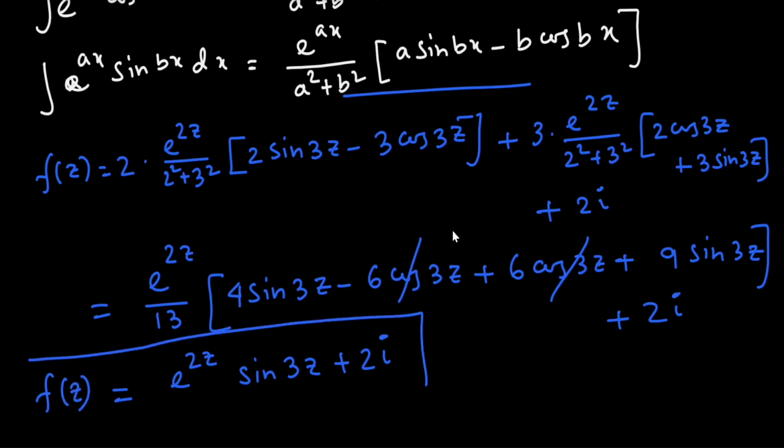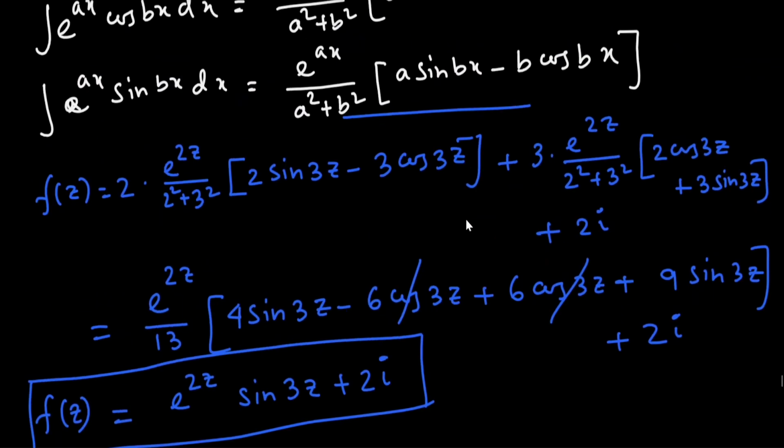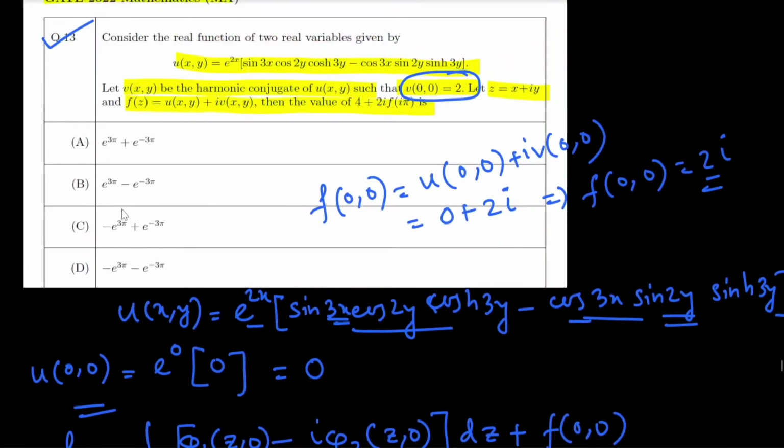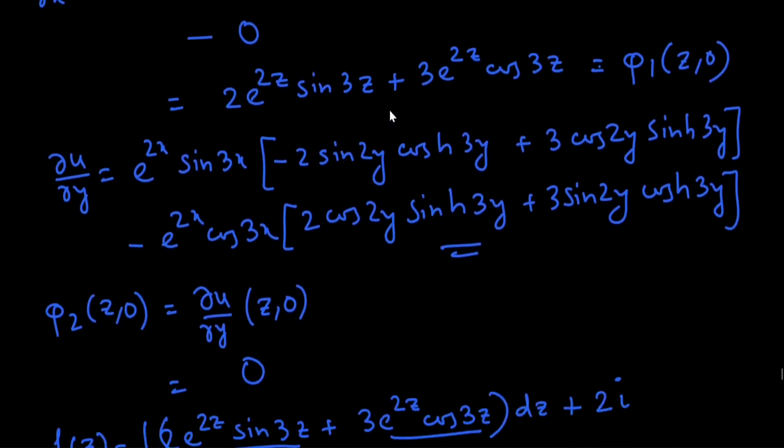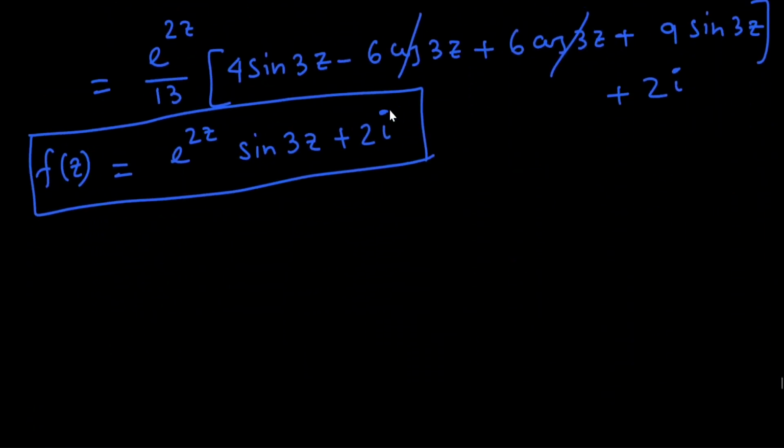This is a great calculation, but the marks is 1 for this question. So now we have to find the value of 4 plus 2i f(i pi). Now first we find f(i pi). So f(i pi) is equal to e to the power 2i pi sin 3i pi plus 2i.